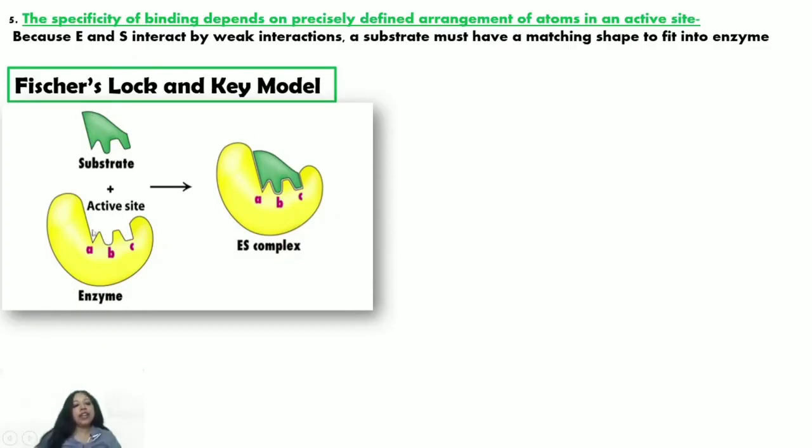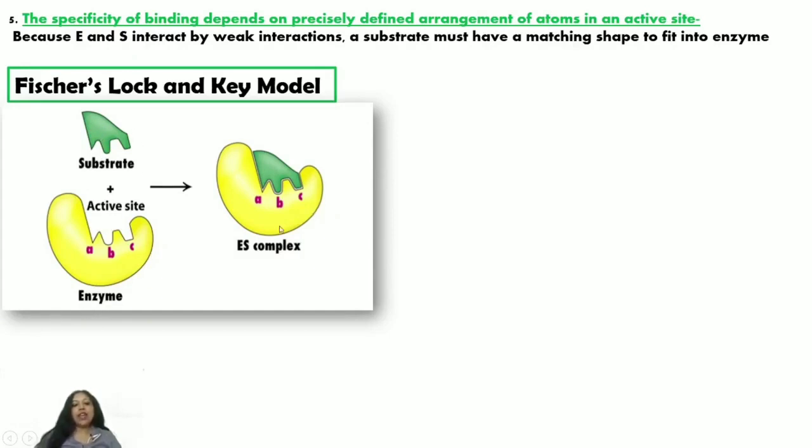They supposed that the enzyme's active site and the substrate are complementary to each other, and just when the substrate comes into contact with the active site, it fits into it to form the enzyme-substrate complex, just like a lock, which is the enzyme, and a key, which is the substrate. There is one key per lock, just as there is one substrate for an enzyme.